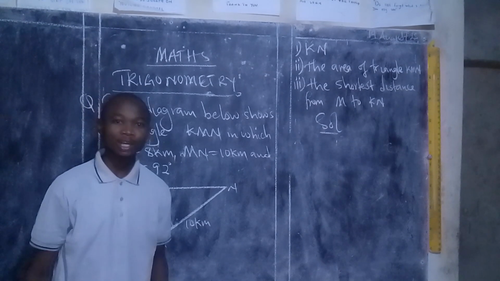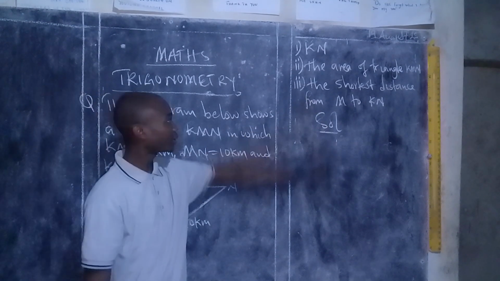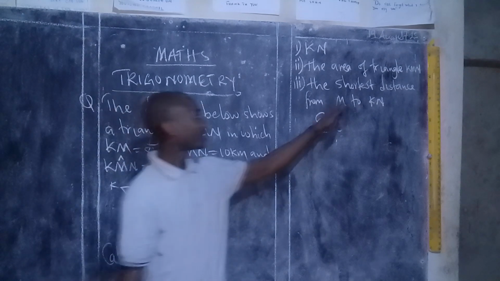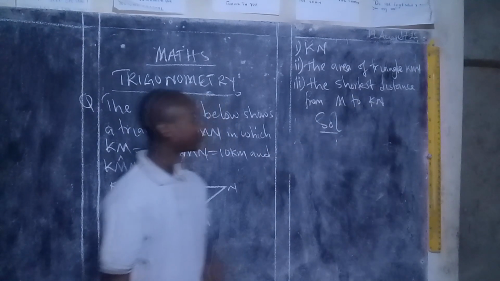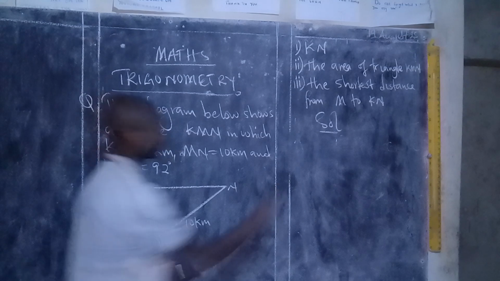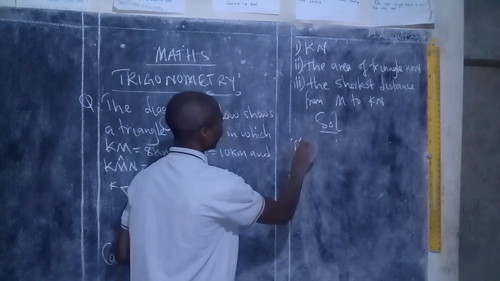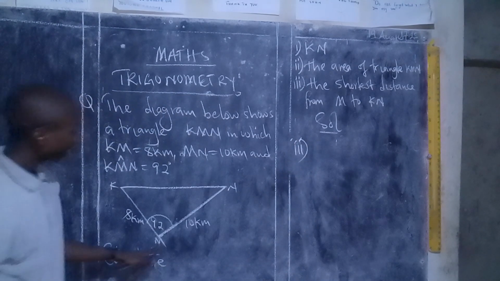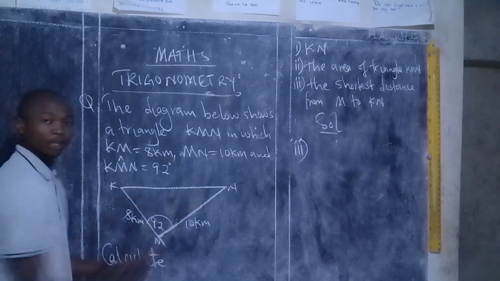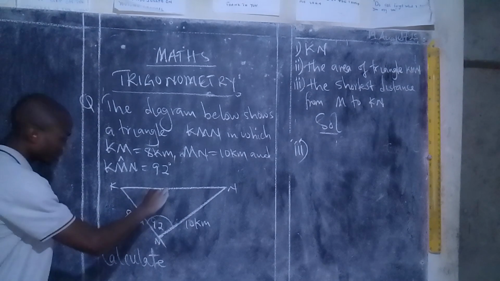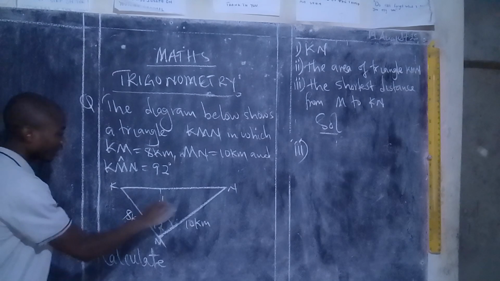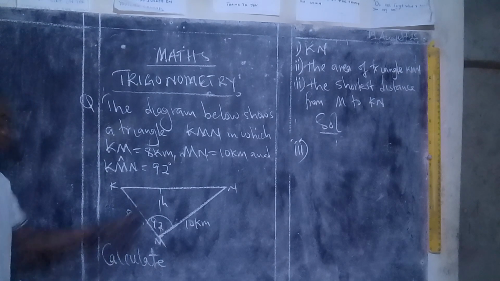Okay, we now proceed to question number 3, which says calculate the shortest distance from M to KN. Now, how do you find that? To find the shortest distance from M to KN, we can draw this. We're trying to find this together. So how do you find this?